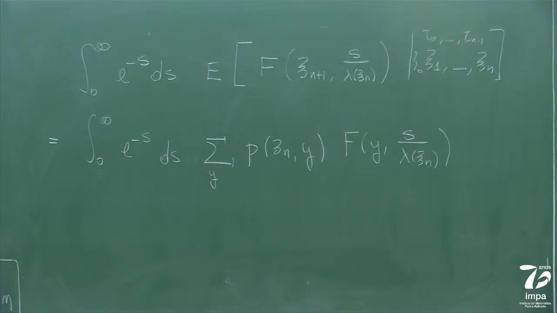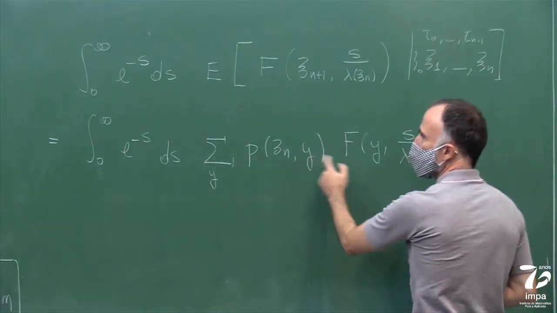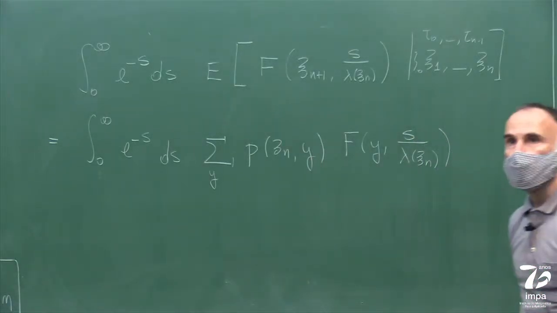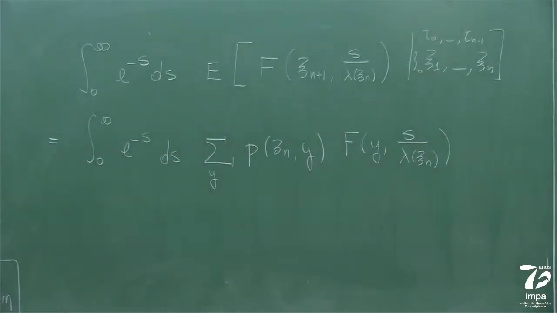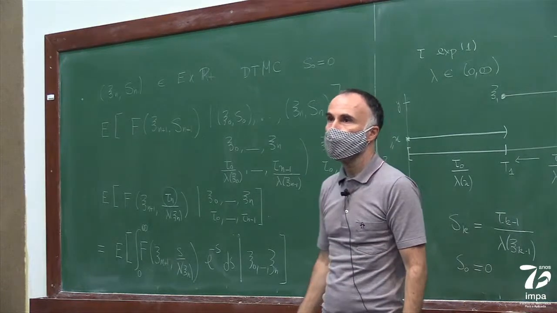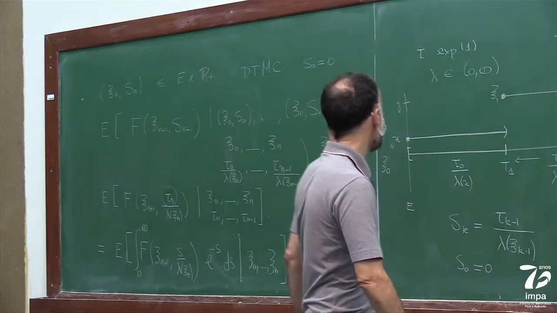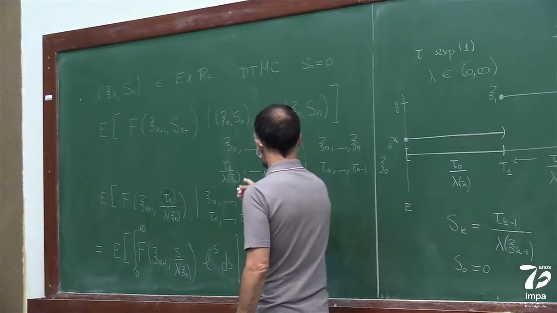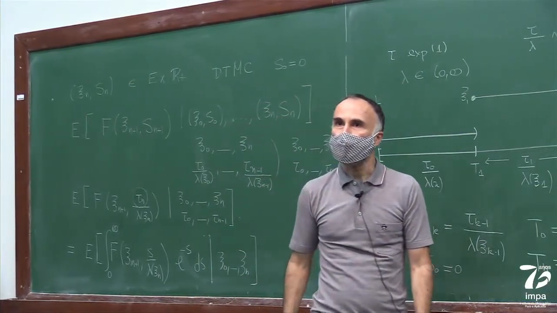So it's a conditional expectation which depends only on psi n. Okay? So I proved that this whole conditional expectation is actually something which depends only on the value of psi n. It doesn't depend on the value of tau 0 up to tau n minus 1.